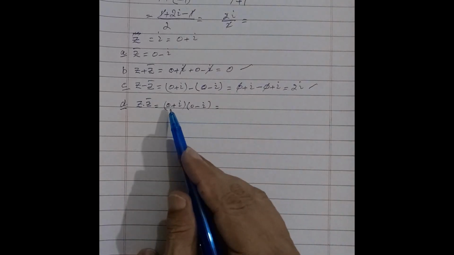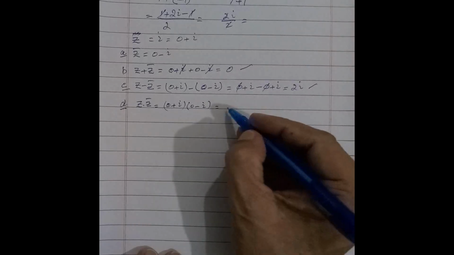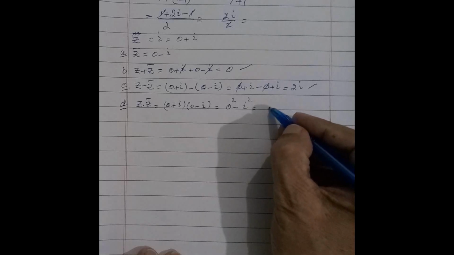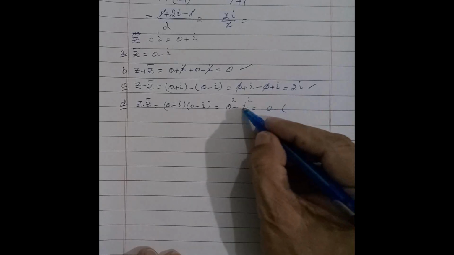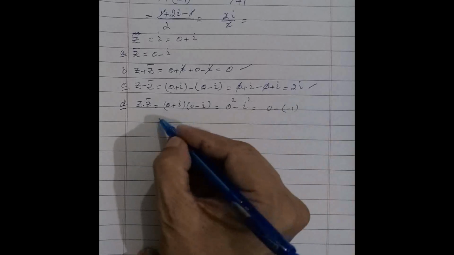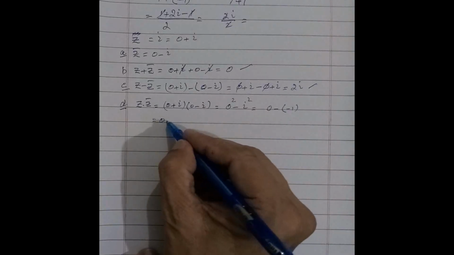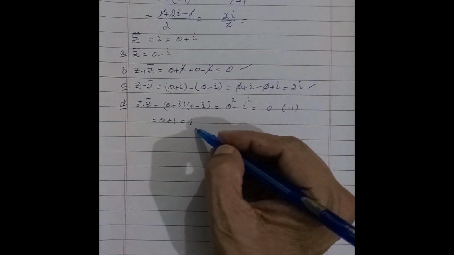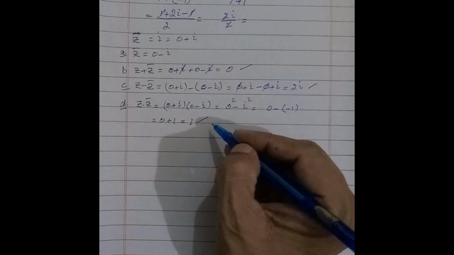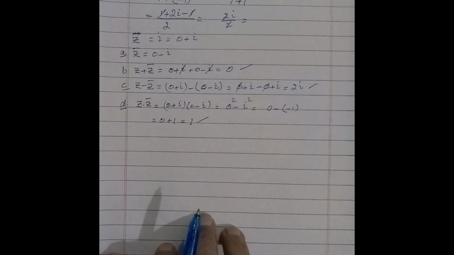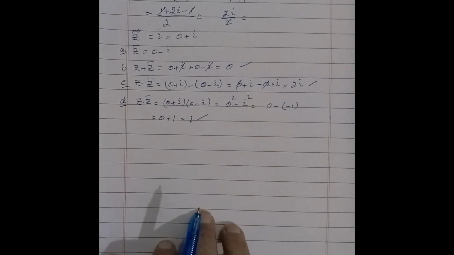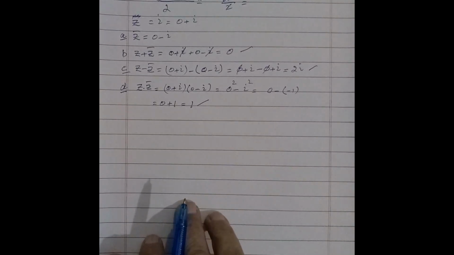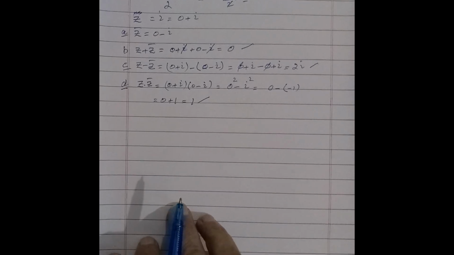Now we simplify it: (a plus b) into (a minus b) is a square minus b square. The answer is 0 square, which is 0, minus iota square, which is minus 1. Now simplify it, 0 plus 1, which is equal to 1. And it is the D part of question 5, third portion.